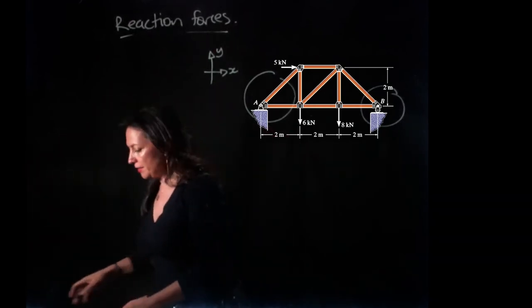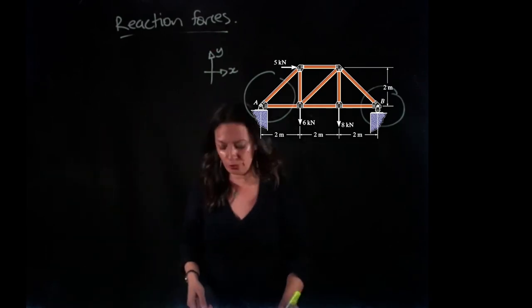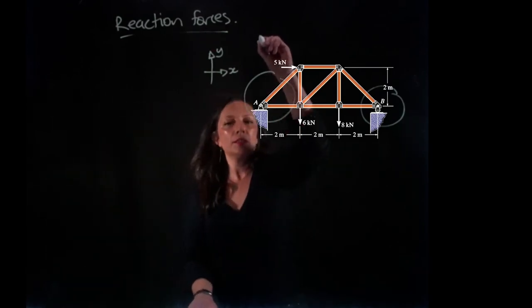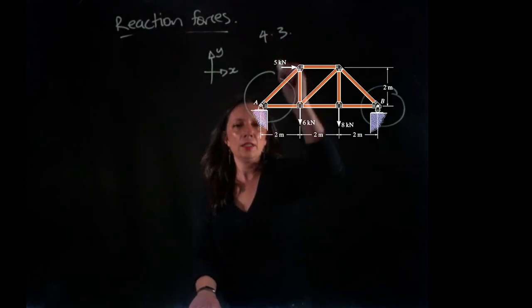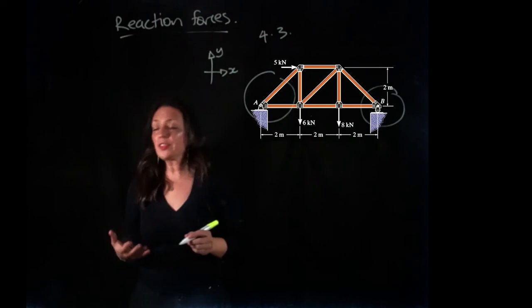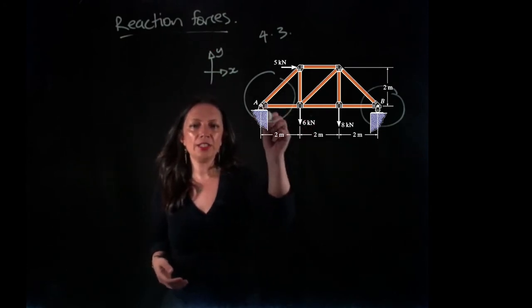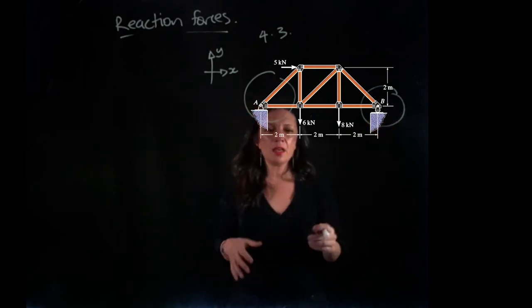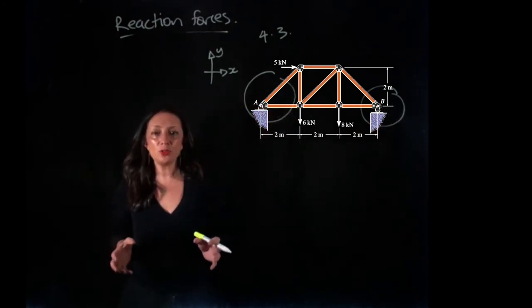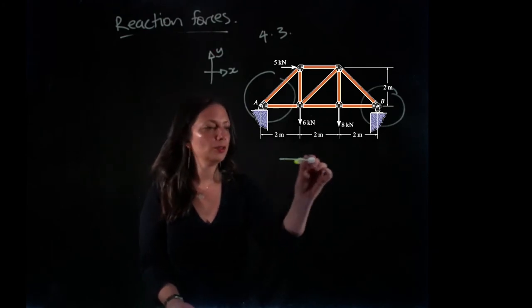So I think this is question 4.3 in your tutorial book. The question says, find the reaction supports. So we need to find the support reactions at A and B. The first thing I'm going to do is draw my free body diagram.